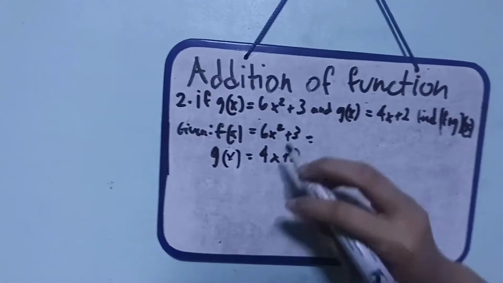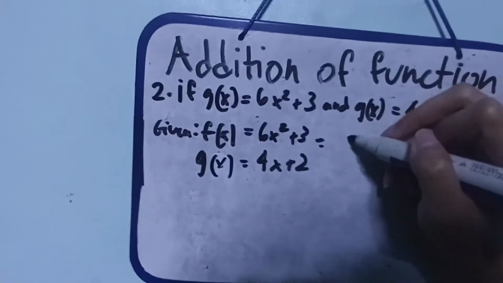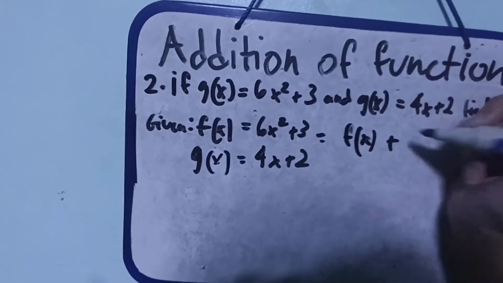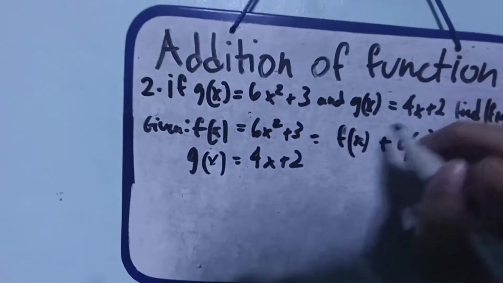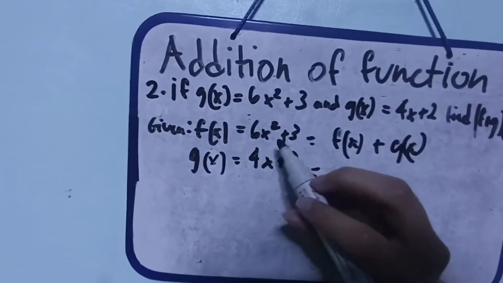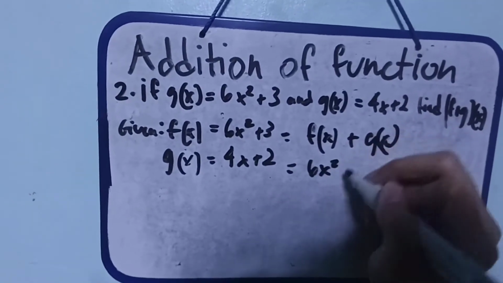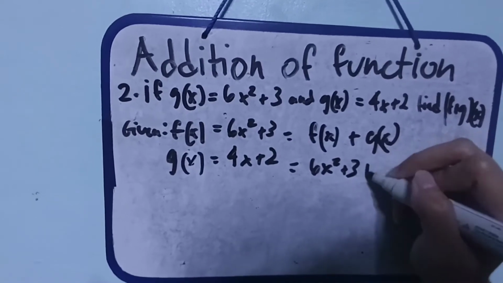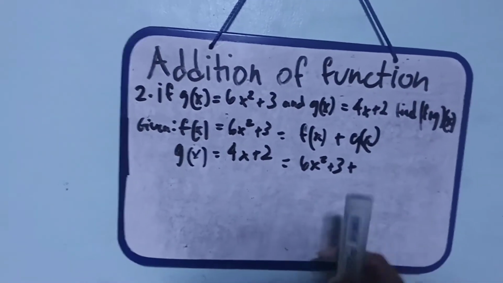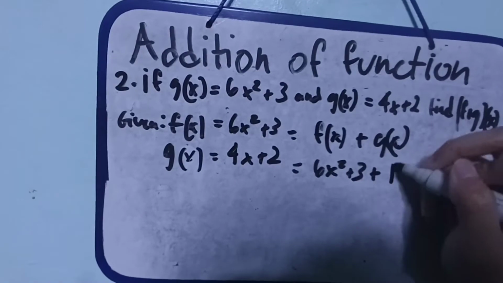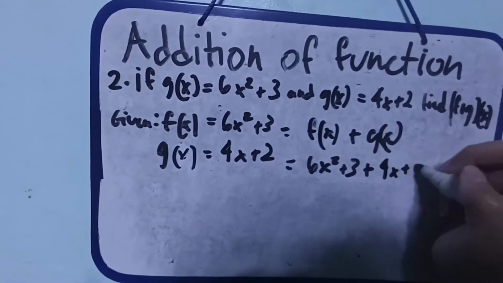F of x plus g of x. So f of x is equal to 6x squared plus 3 plus g of x is equal to 4x plus 2.